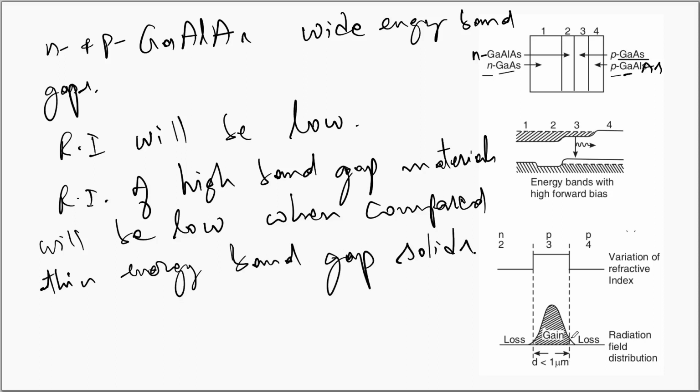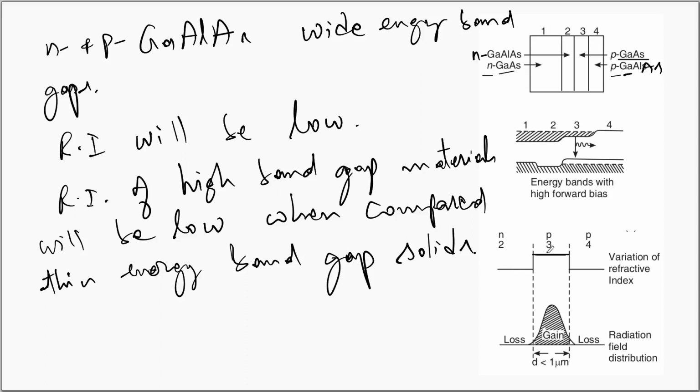In the present case, the P-type gallium arsenide has a narrow band gap. Since it has a narrow band gap, its refractive index will be high. It will be constant all across the third layer, and on either side of this we have gallium aluminum arsenide whose energy band gap is wide. As a result, the corresponding refractive indices should be lower.